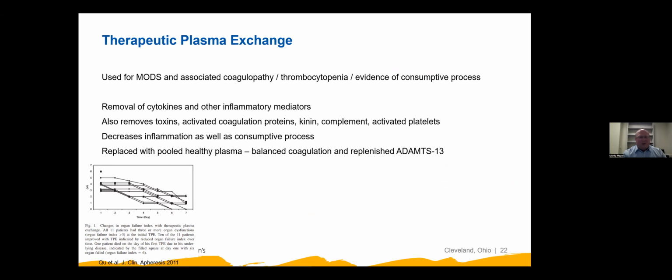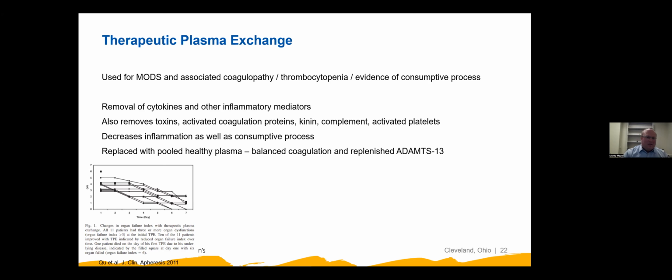And the thinking behind this immune modulation is that if you remove all of the ongoing cytokines, but in addition, all of the activated coagulation proteins, and rebalance your immune system and your coagulation system with fresh, healthy plasma, replenish ADAMTS13, replenish tissue factors, all of that could improve your clinical outcomes and decrease the immune dysregulation that's ongoing.